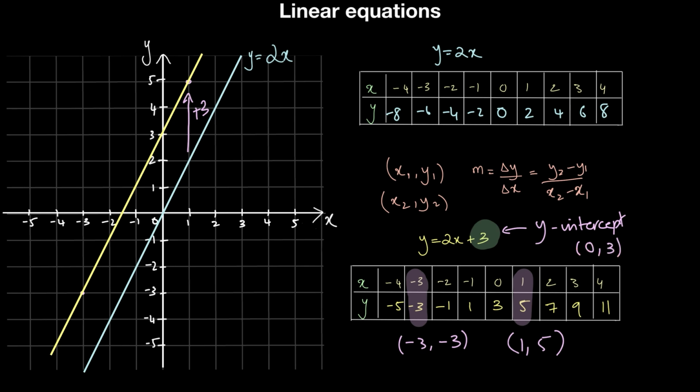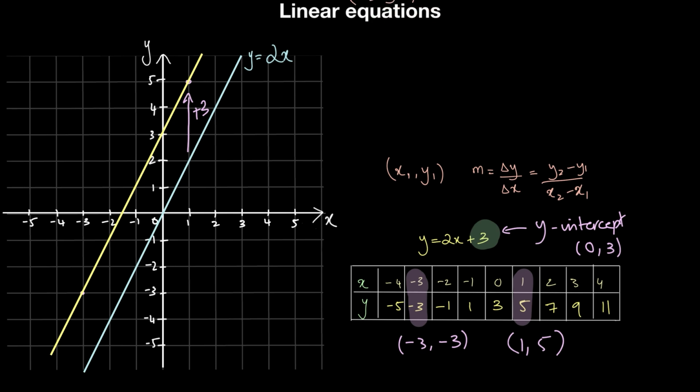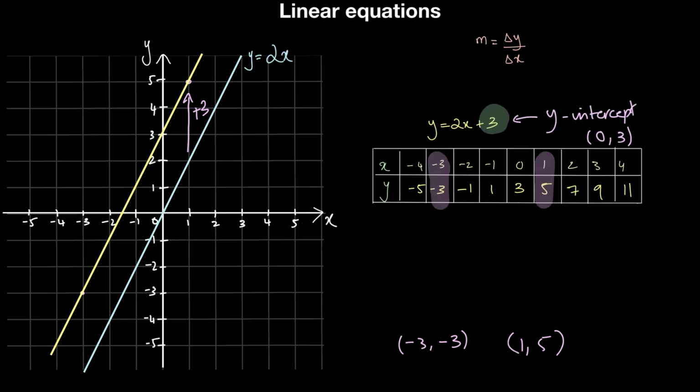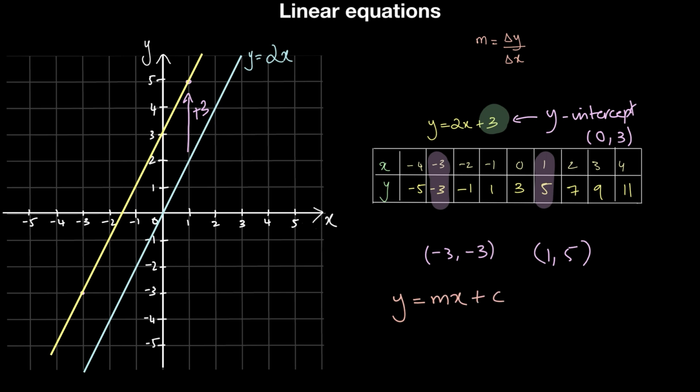And we also realize that any given linear equation can be written in the form y is equal to mx plus c. So let me write that down. y is equal to mx plus c.